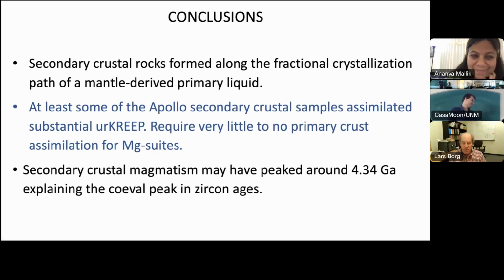Of course. So the questions are not answerable with the samples we have. But let me just, as a chronologist here, explain what we have. First of all, if you look at the old zircon ages, they're only from NanoSIMS. If you look at the 1280 ages on the same spots, they're all younger.